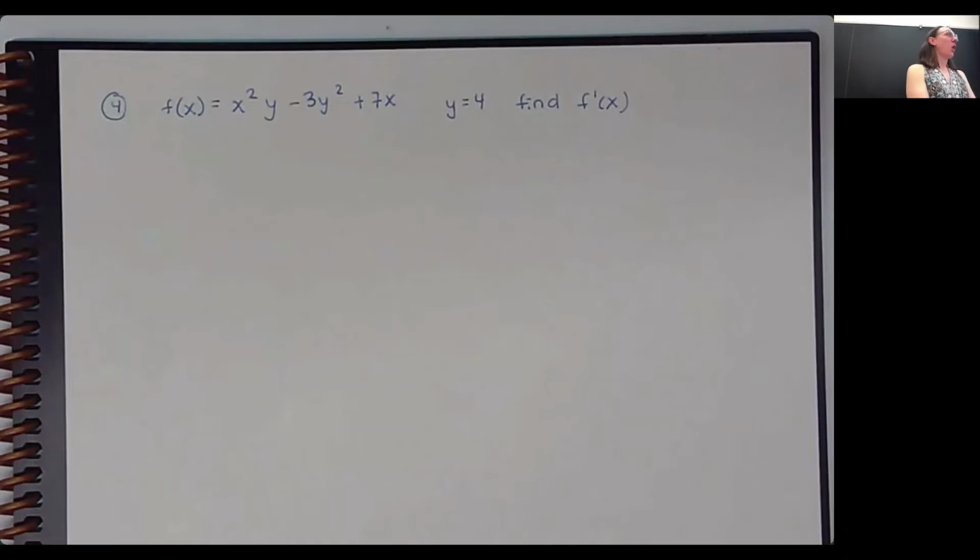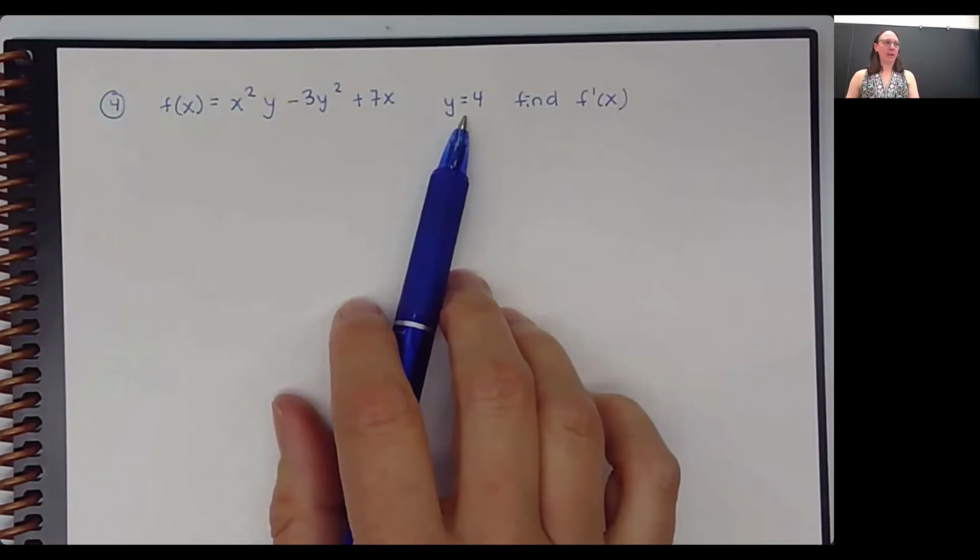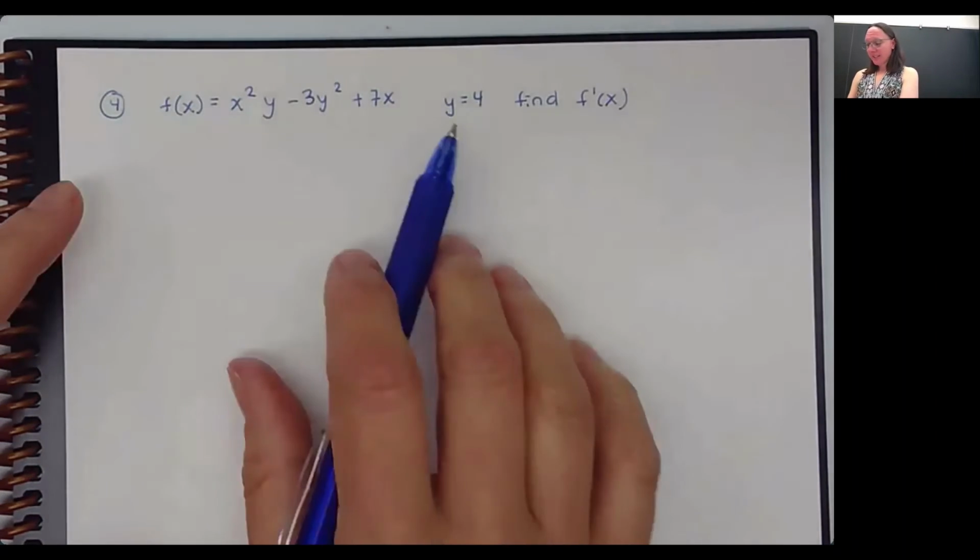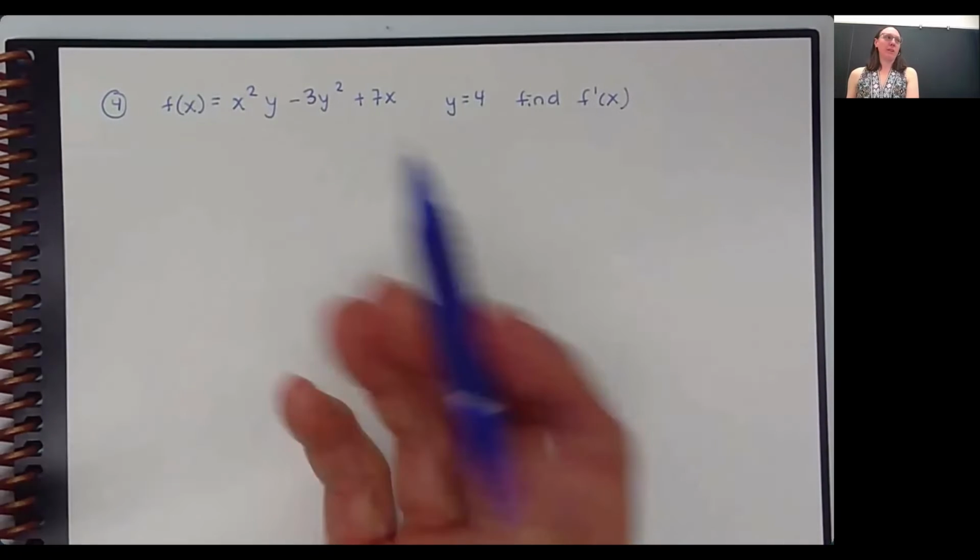Usually our brains are accustomed to thinking of a, c, and k as constants. It tends to mess with people if I name the constant y. But I'm naming the constant y, which means we can just plug in the 4 for y.